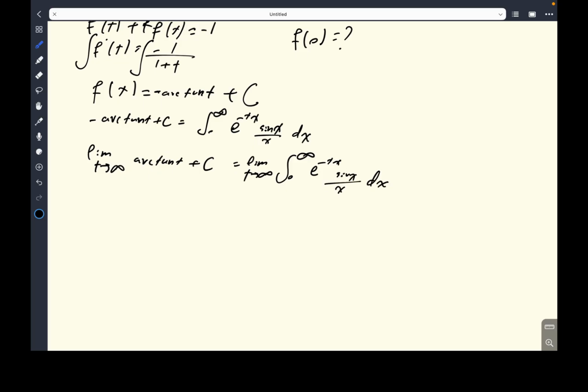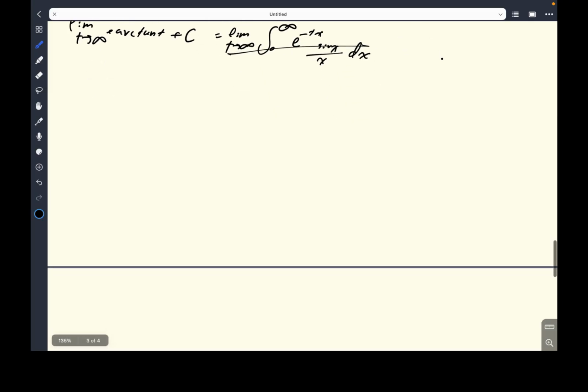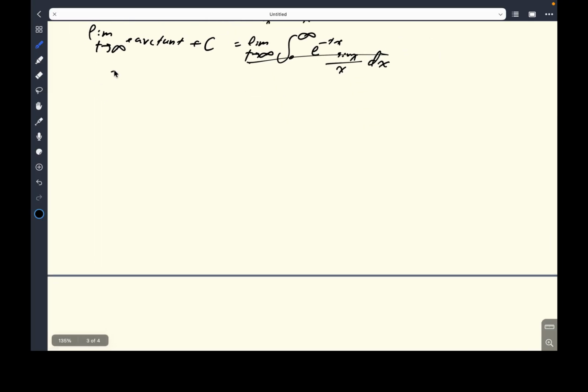So as t approaches a very large number, this term here is going to go to 0, and as t gets very large, actually arctan of a very large number is pi over 2. You can verify it graphically or with your calculator. So it's going to be negative pi over 2 plus c equals 0, thus c equals pi over 2.